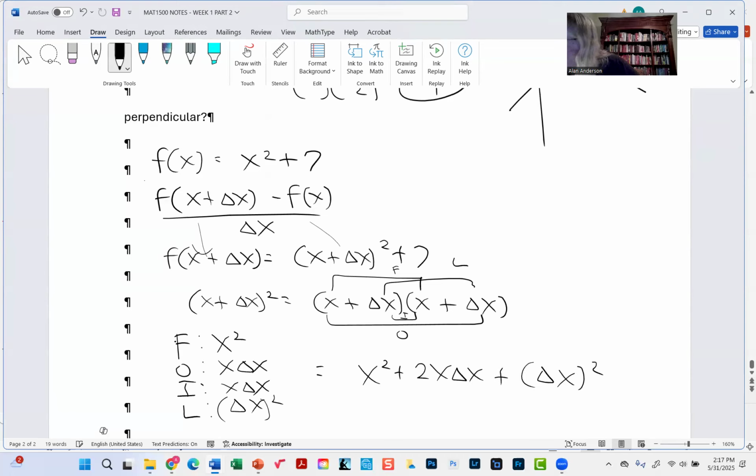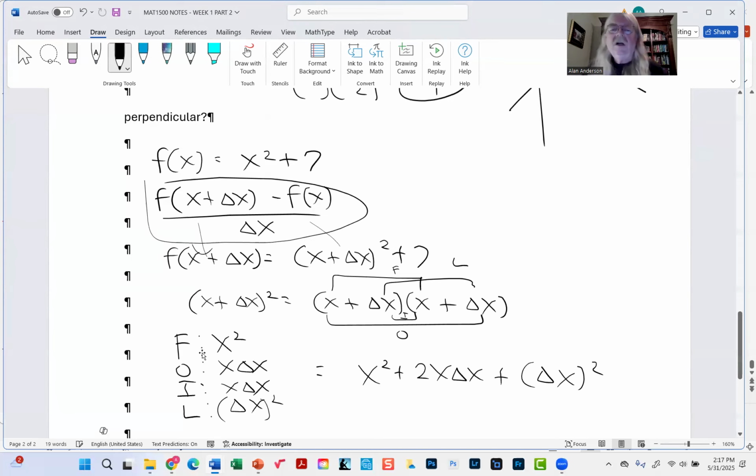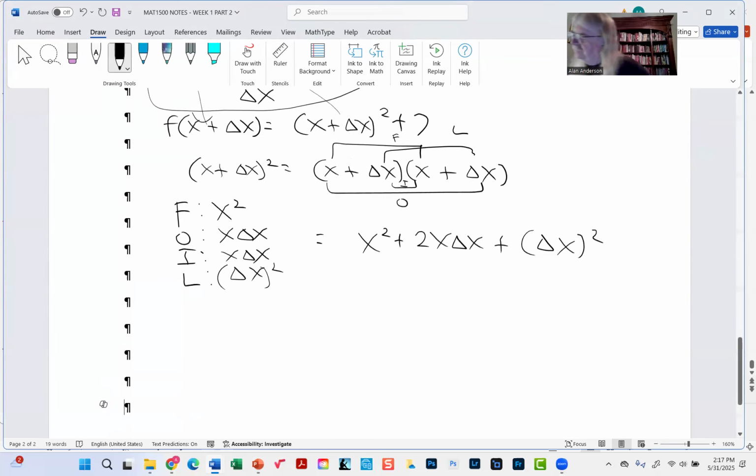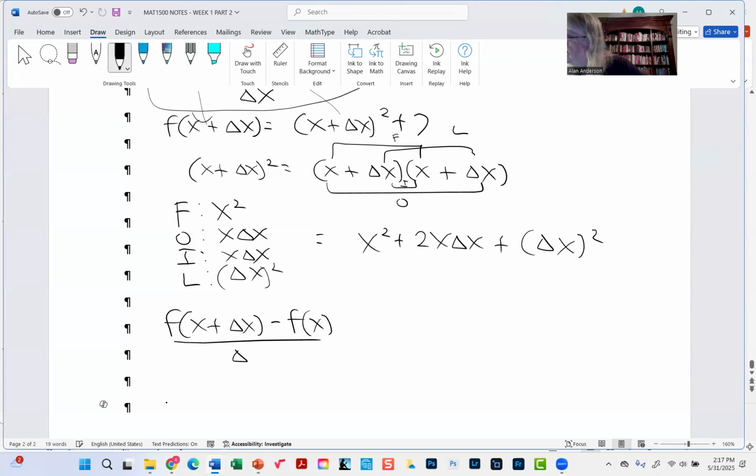So now, as far as this expression is concerned, we're going to replace that first part with this very messy expression, x squared plus 2x delta x plus delta x squared.